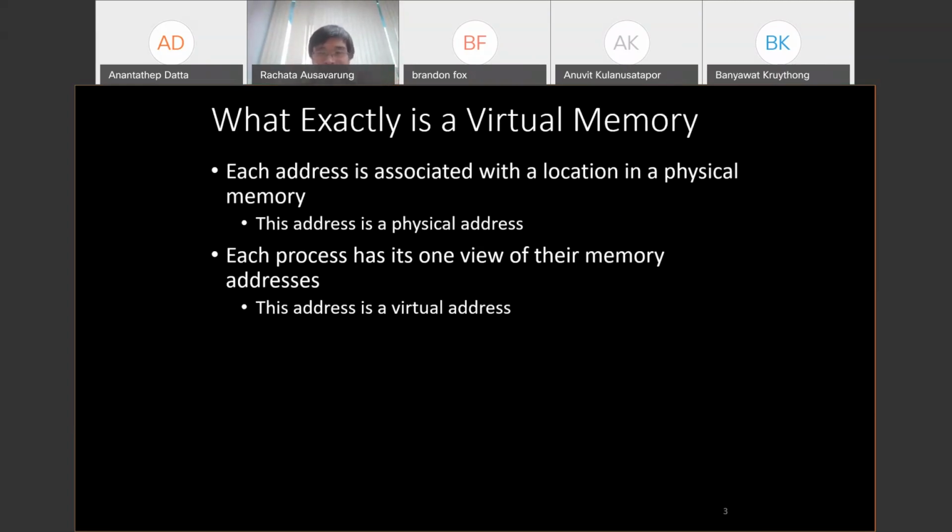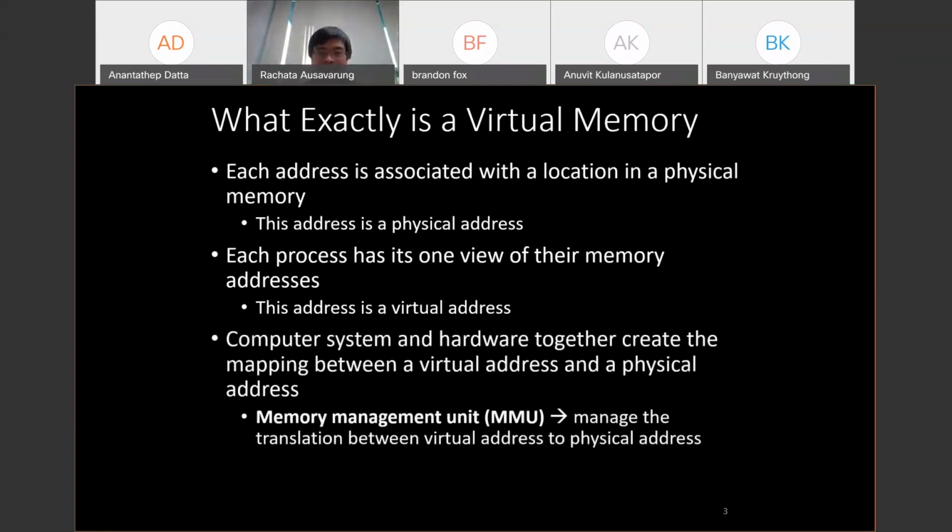Everything down to the assembly code, that address is a virtual address. There is a mapping between the virtual address and the physical address. The computer system, the kernel, the OS, and the hardware work together to give you this mapping. Basically, given the virtual address, where is my physical address?